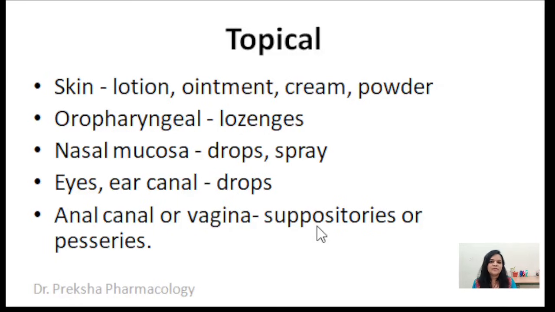Then drops and spray that you can give with the help of nasal mucosa. Then drops you can also give by eye or ear canal route, and suppositories that you can give by anal canal, or pessaries that is given by vaginal route.